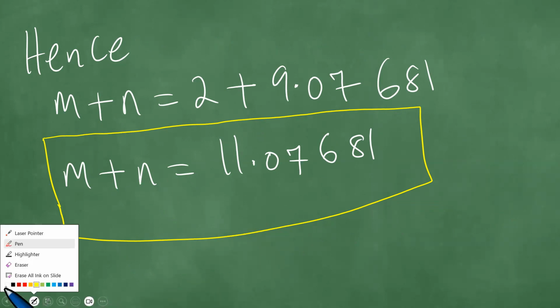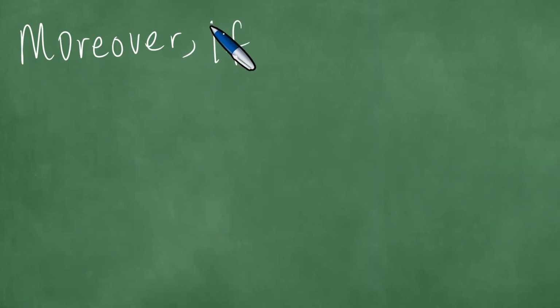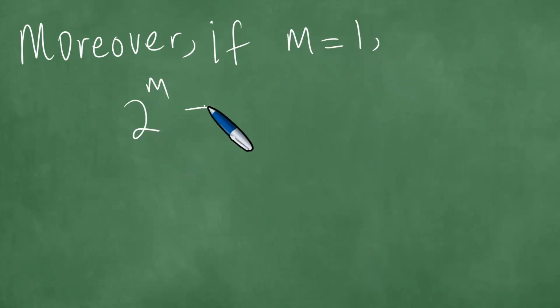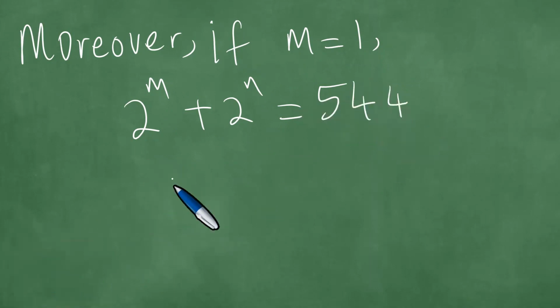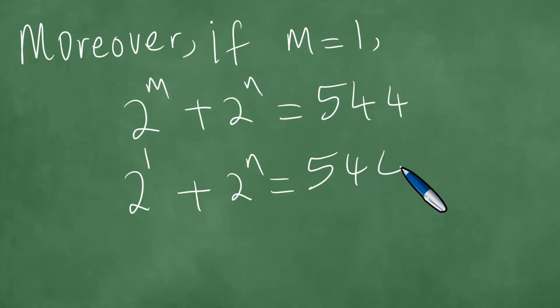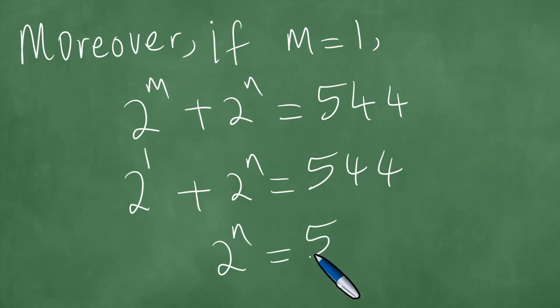Moreover, if m equals 1, substitute m equals 1, which is 2 to the power 1 plus 2 to the power n equals 544. 2 to the power n is 542 by subtraction, because 2 to the power 1 is equal to 2 exactly.